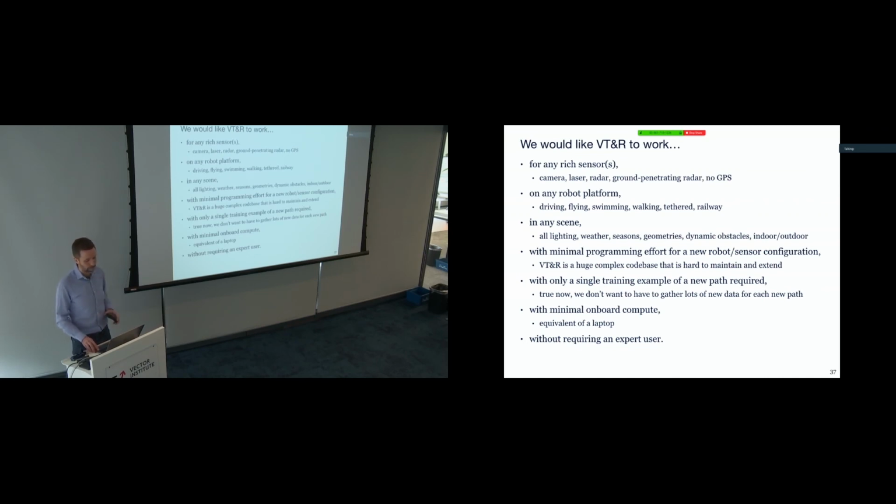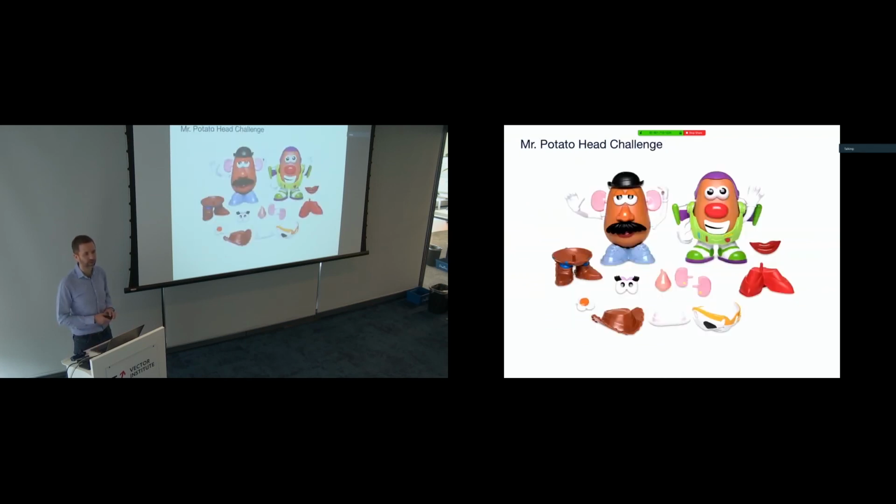What I've proposed to the lab is what I'm calling the Mr. Potato Head challenge. Mr. Potato Head is this modular guy who you can attach different feet and hair and things to.